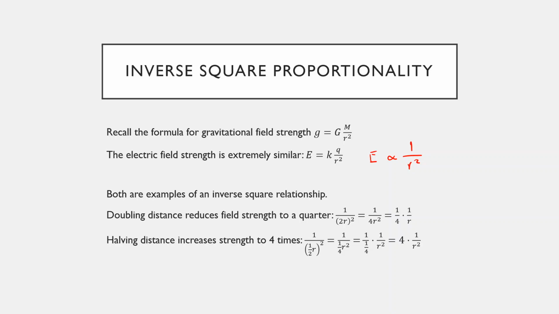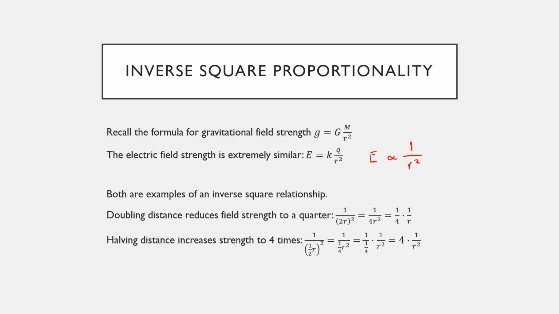If you triple the distance, your field strength decreases to, well, 3 squared is 9, so 1/9 of its original value. If you halve the distance, half squared is 1/4, and 1 divided by 1/4 is 4. So you get 4 times as strong.